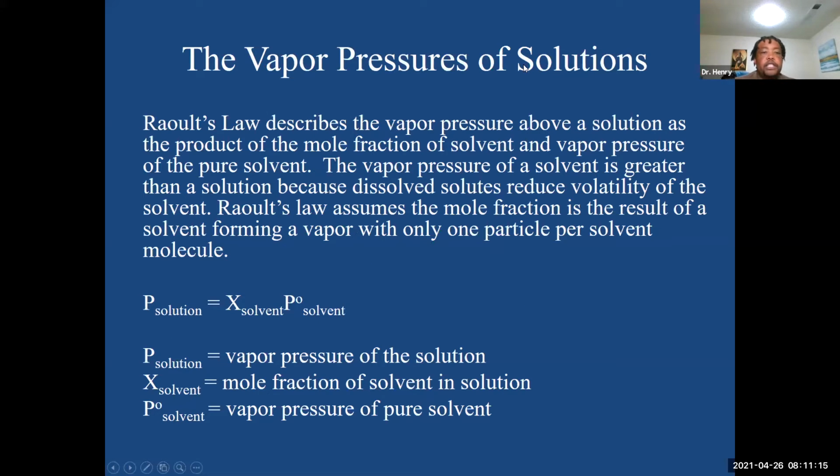So Raoult's law basically describes vapor pressure. The vapor pressure of a solution is going to be the mole fraction of the solvent times the vapor pressure of the solvent. So if we think about that mole fraction, let's say we're working with water and methanol, where water is the more abundant.